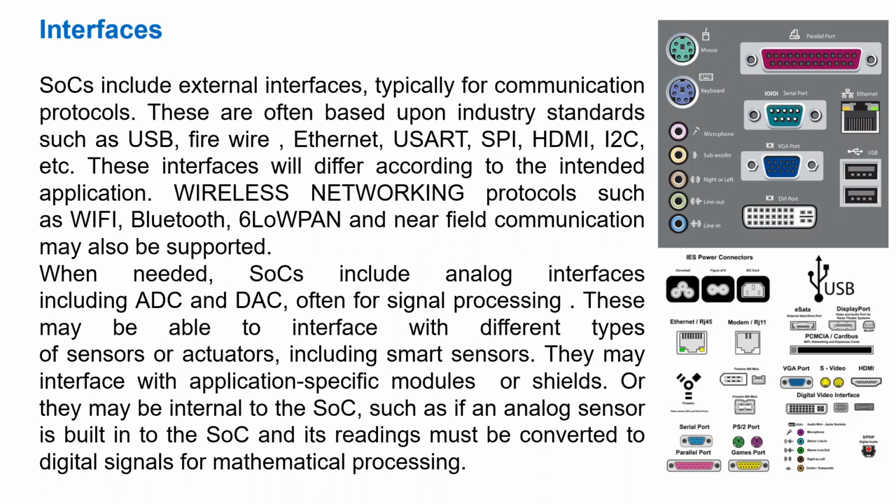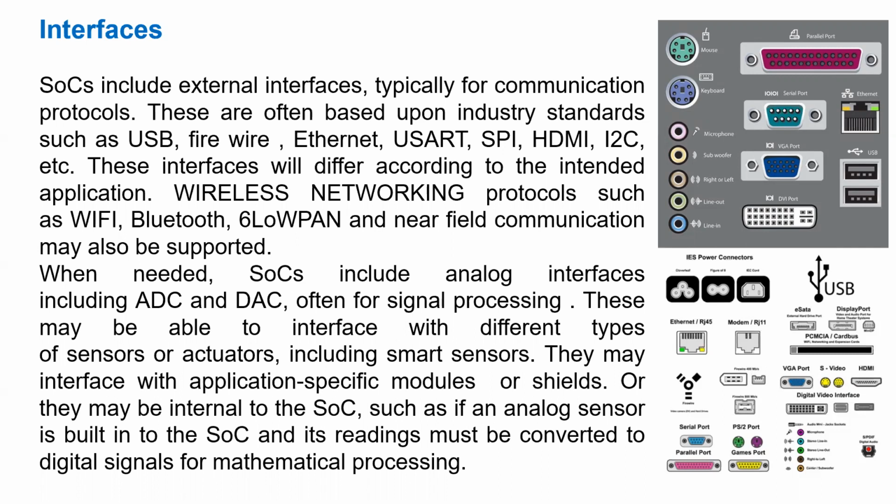Okay, so as per the requirement, the system on chips will include data converters, because as you know, the digital signal processor is the most important part of your system on chip. This digital signal processor will always require analog to digital converters and digital to analog converters in order to be able to interface with different types of sensors and different types of actuators.